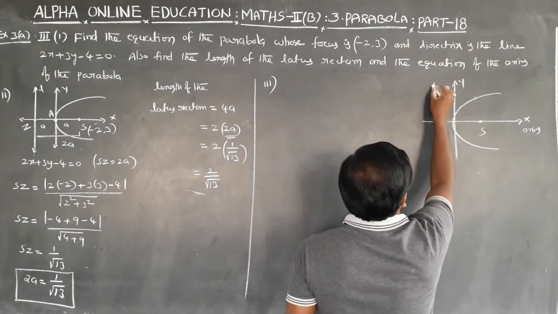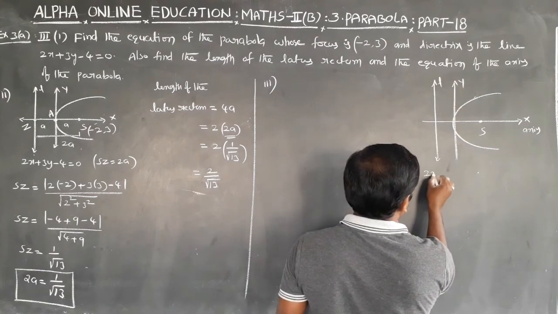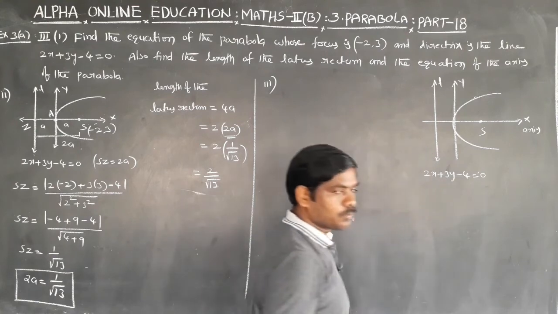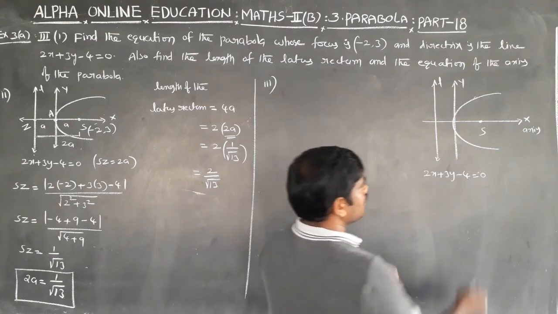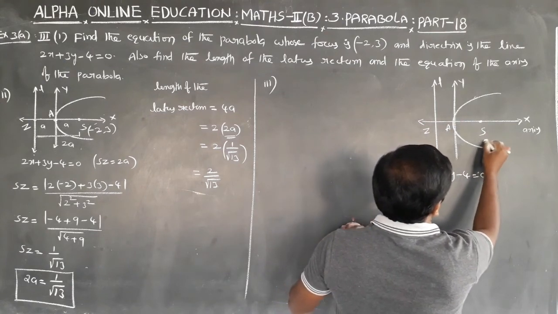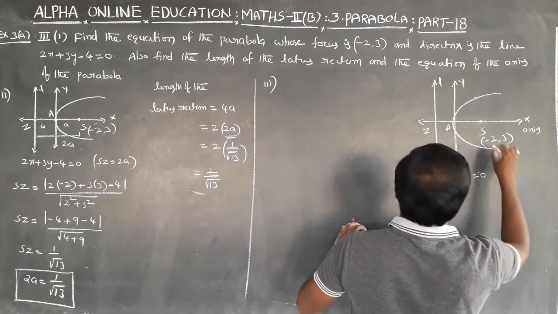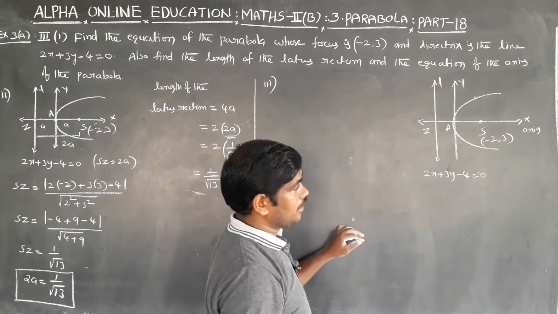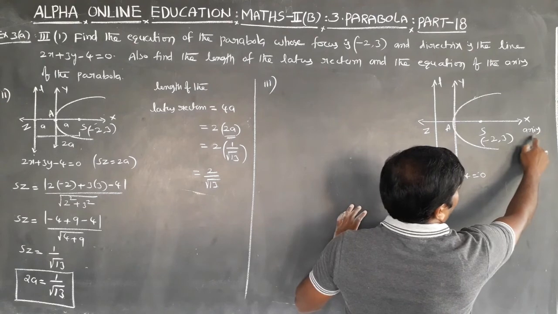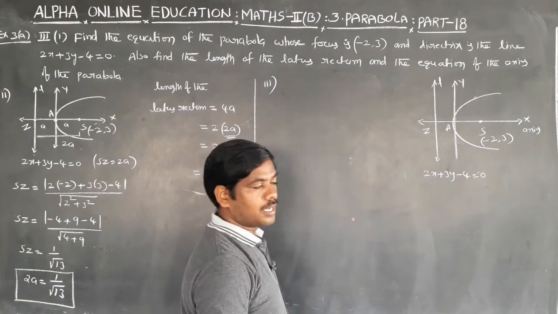This is the directrix L. Equation of the directrix 2x plus 3y minus 4 is equal to 0. This is the Z, this is the A. Focus minus 2 comma 3.